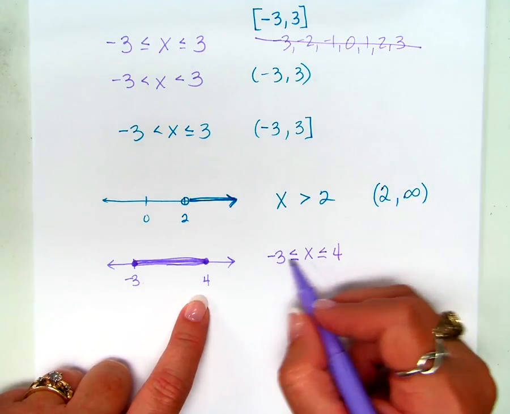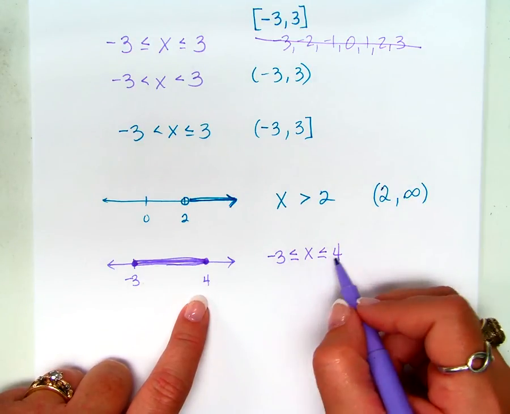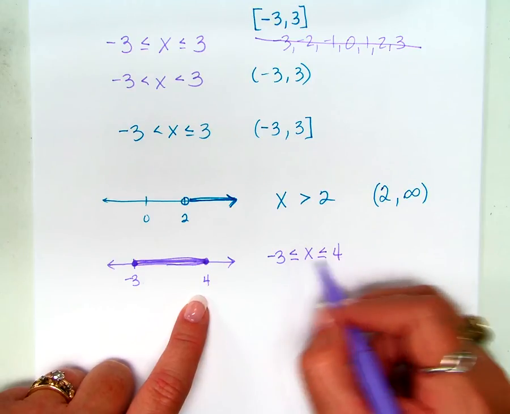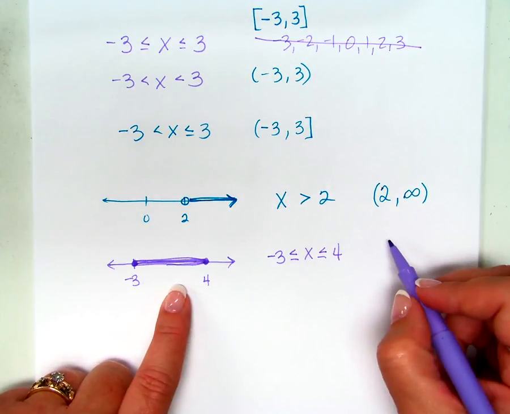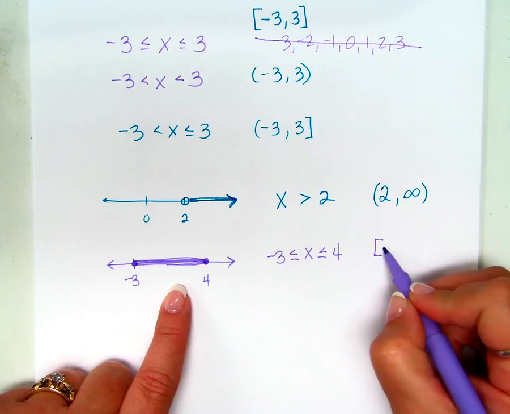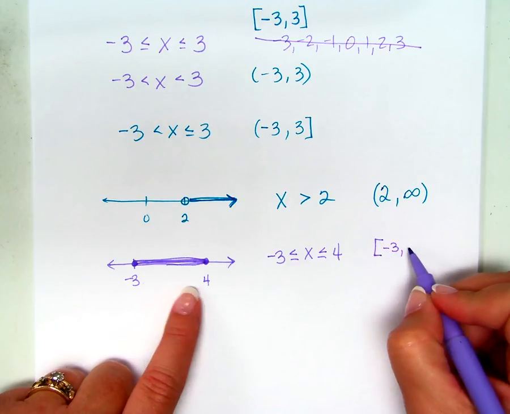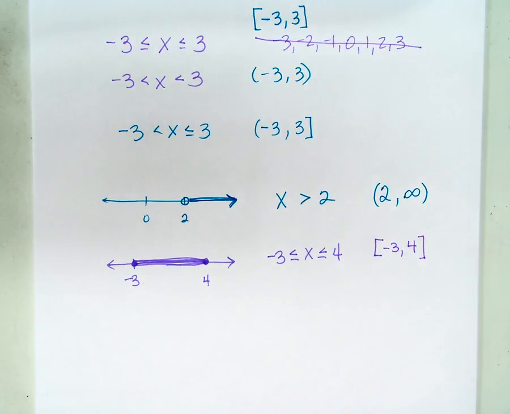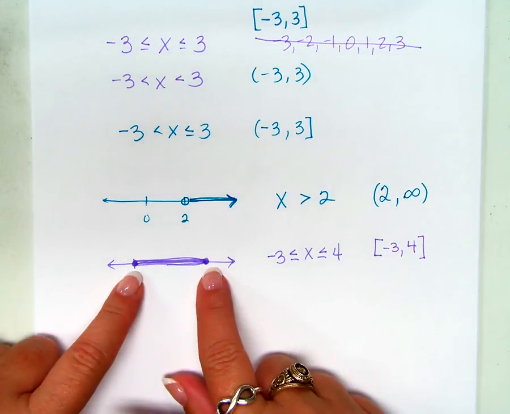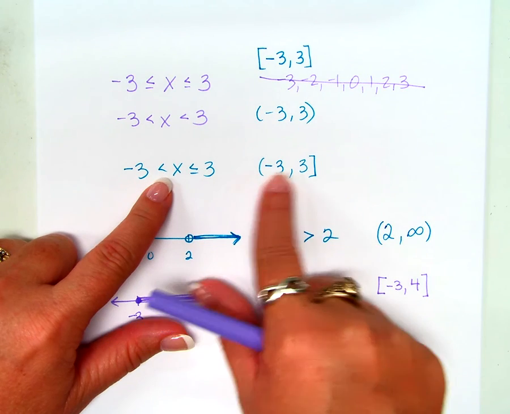Okay, so if we're talking about inequality notation, that's done, right? Yes. Now let's talk about interval notation. And she's right then. Bracket, -3, 4, bracket. On a number line, am I allowed to have an open circle and a closed circle on the same graph? Yeah, it would be that way up here, right?